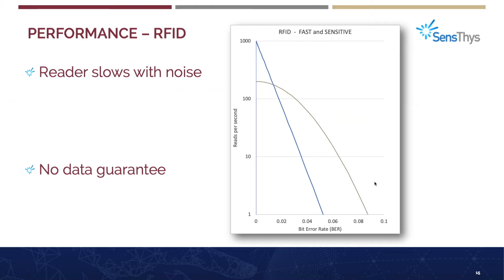You go fast, and it's the fastest. As noise starts to get bigger, as we go to the right on this, you see that the more sensitive mode is more robust to channel noise. That is a very common feature of communication channels: as you slow things down, you can get more information through in a noisy environment.